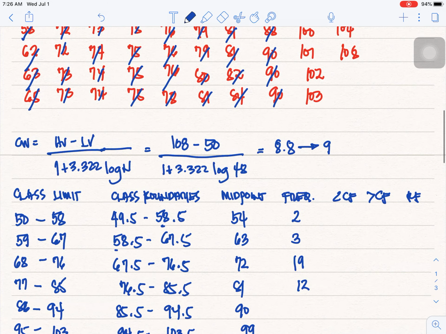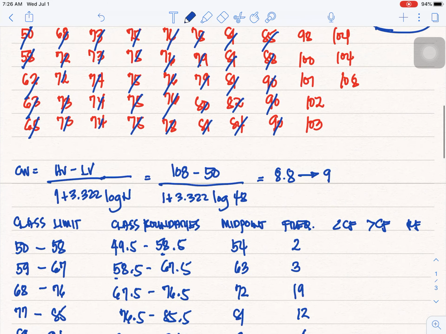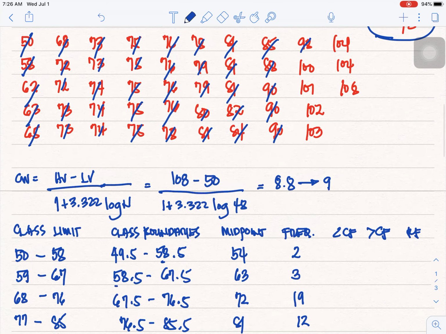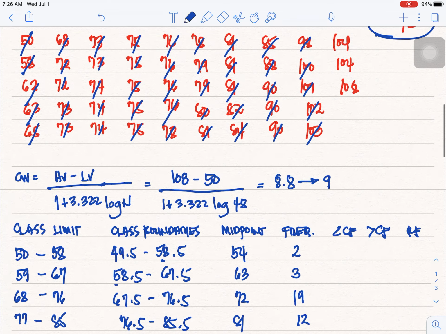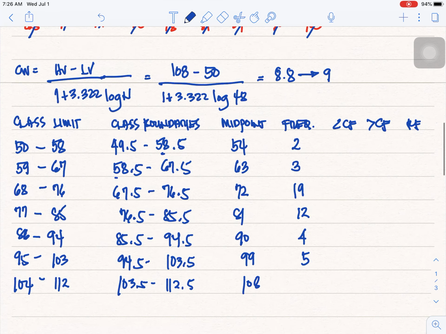Then we have 95 to 103, we have there 1, 2, 3, 4, 5. So we have here 5. And the last, 104 to 112, we have 1, 2, 3. So you get the sum. This is n equal to 48.